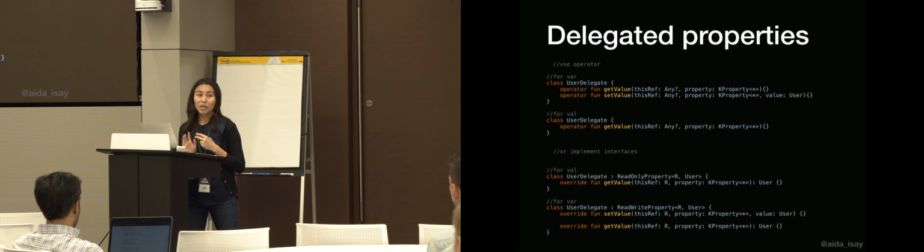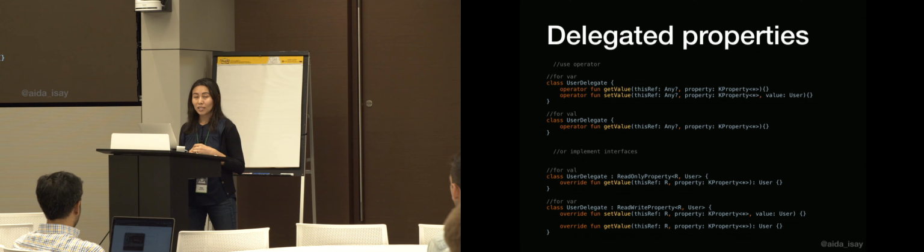You have two options to make a delegated property: implementing an interface, or using operator functions with set and get values. If you want to make an immutable property, you would implement the read-only property interface. For mutable ones, you need to implement the read and write property interfaces.